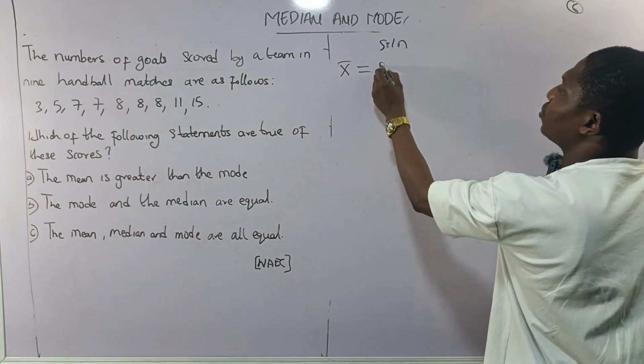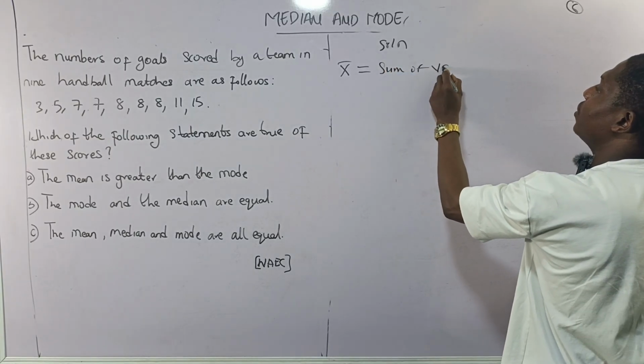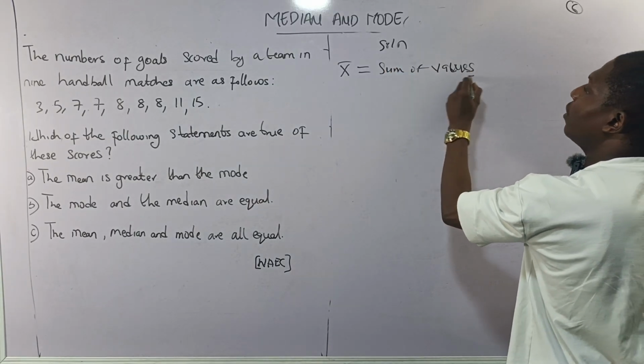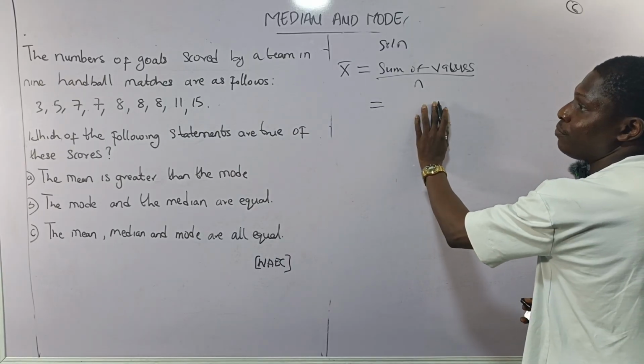So the mean is the sum of values all over n, where n is the number of data points.